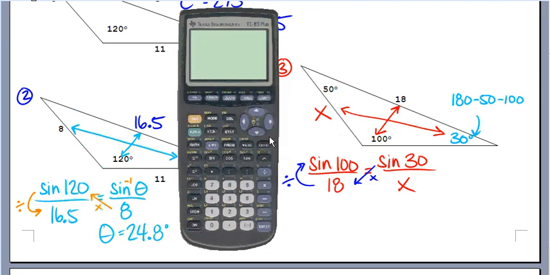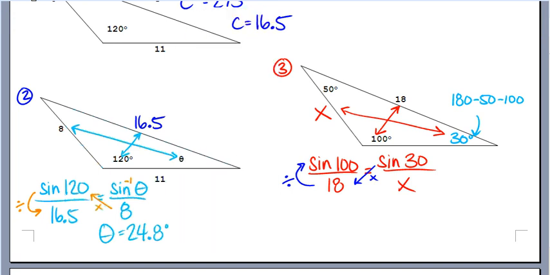It's just regular old sine this time. So sine 30 times 18 divided by sine of 100. There you go, 9.14, final answer. There's the tricky, again in air quotes, version of sine law.